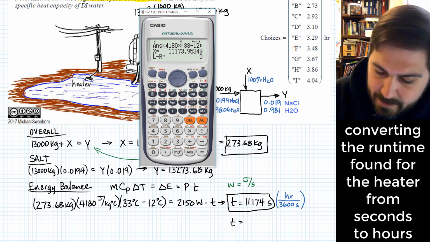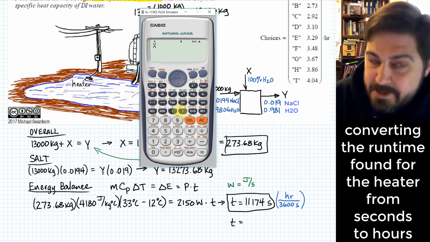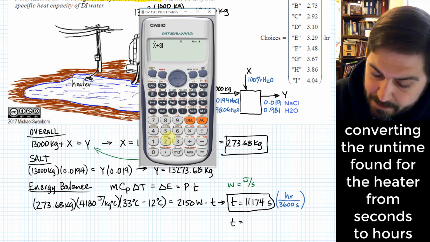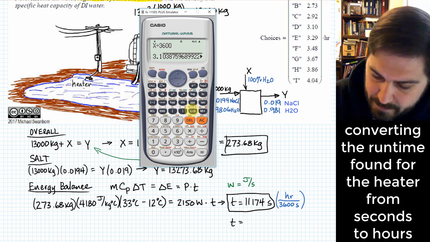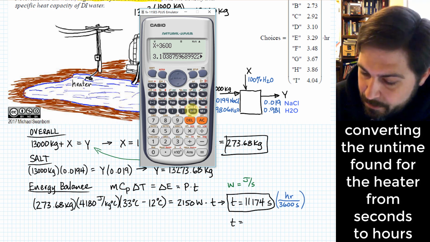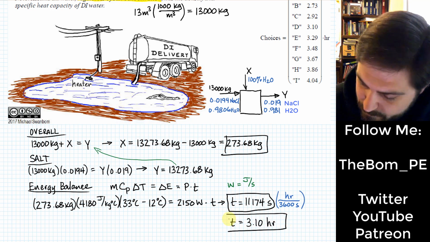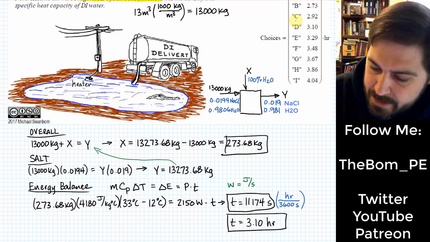By the way, the number stored in the calculator is already in variable x. So if I call x and then divide it by 3,600, that gives me a number of hours. It ends up being 3.10 or so. Okay, and that would be answer D.